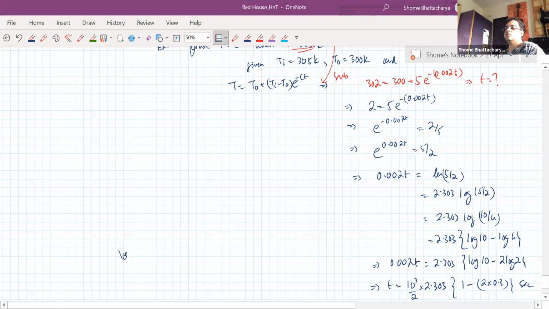Because log 2 is, so these are useful values to remember. Log 3 is, okay, log 5 you can always relate as log 10 minus log 2.